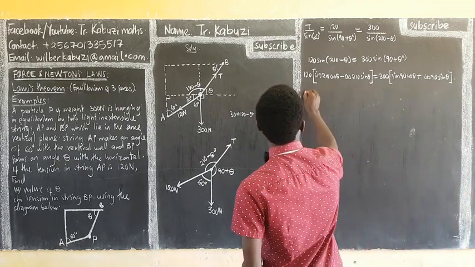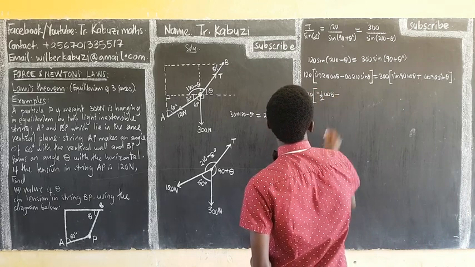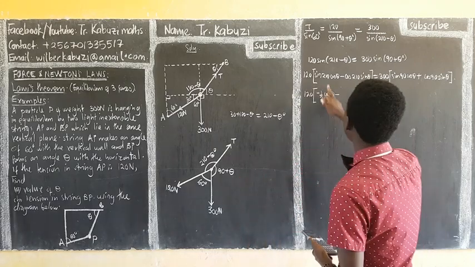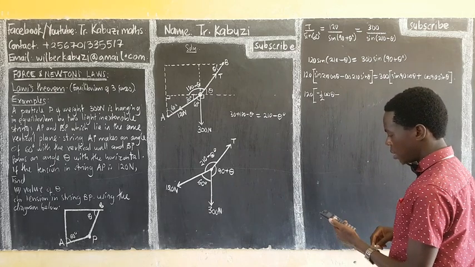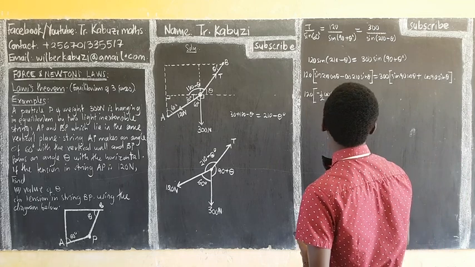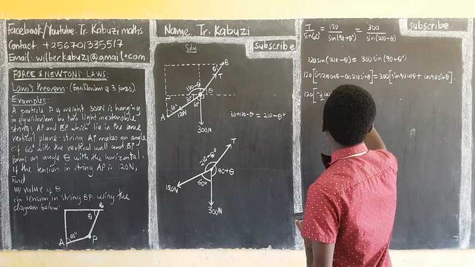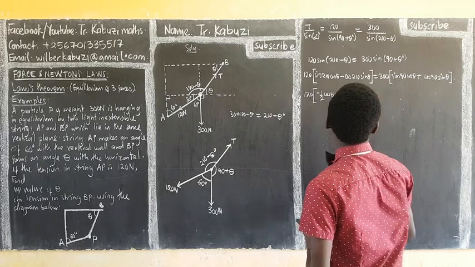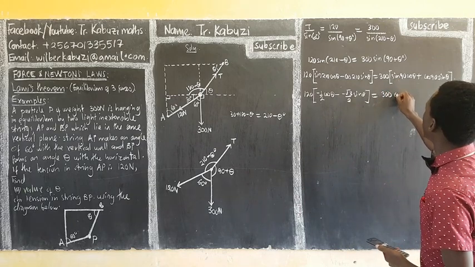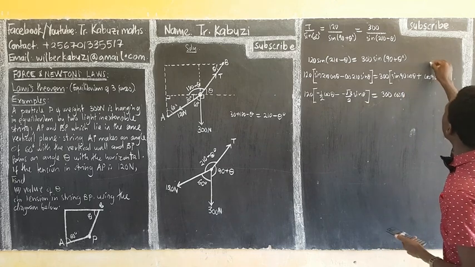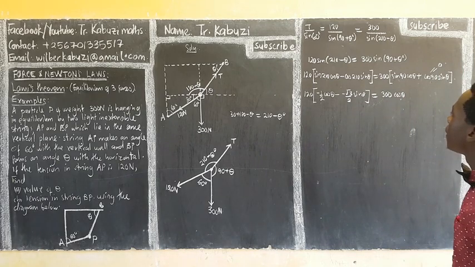So here we have 120 into negative half cos theta, then minus, cos 210 is root 3 over 2 but negative, so this would be negative root 3 over 2 sine theta, equaling 300. Sine 90 is 1, so this would be cos theta, then cos 90 gives us a 0.